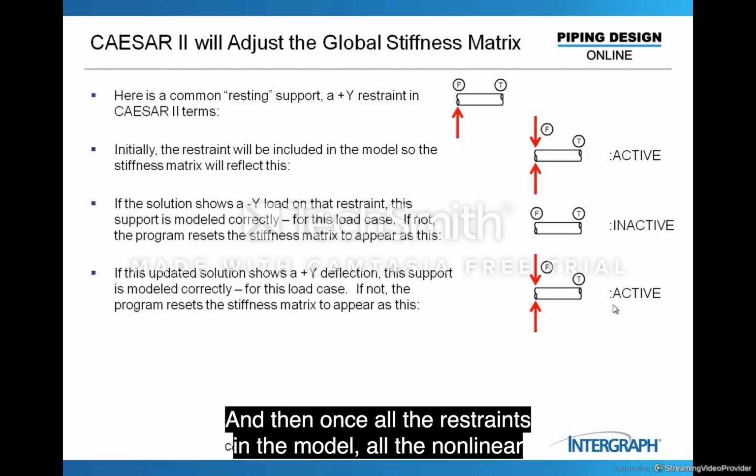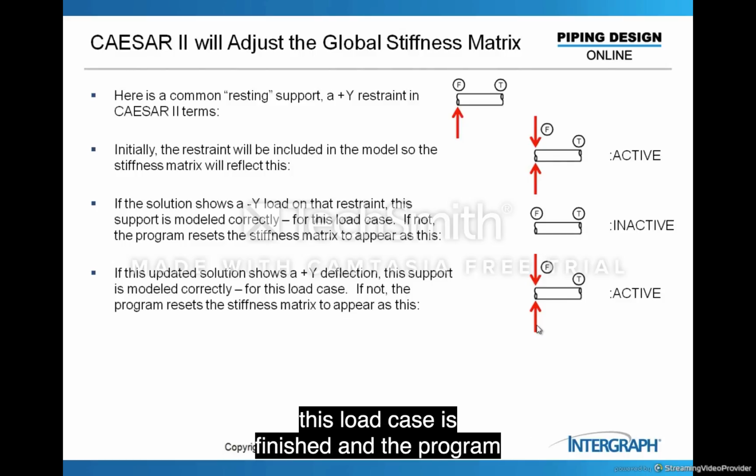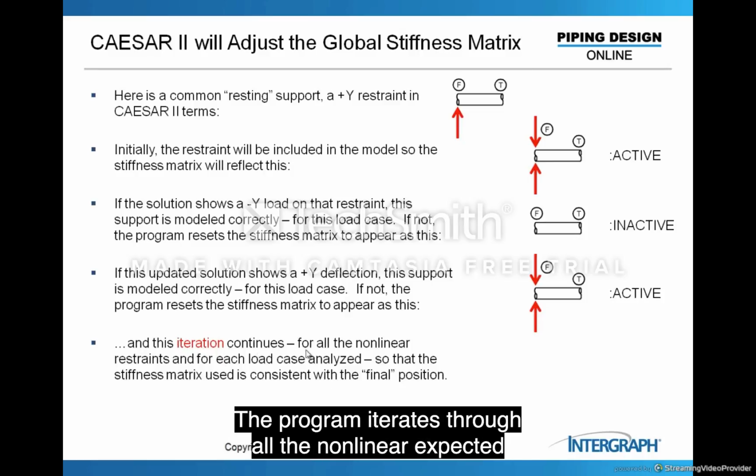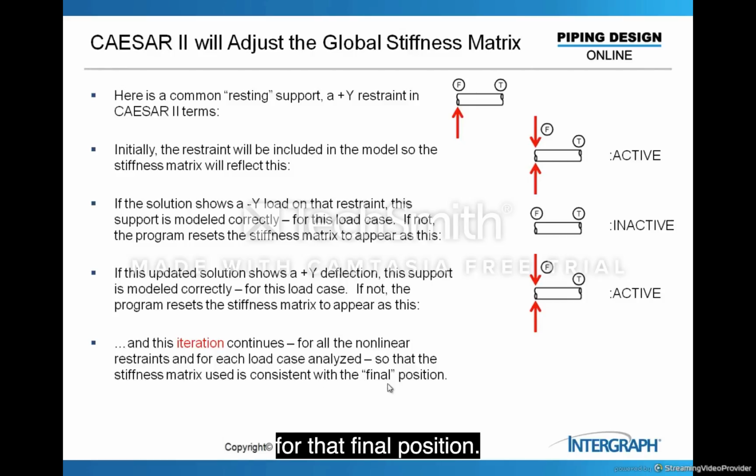And once all the nonlinear restraints in the model behave as they were modeled on the last iteration, this load case is finished and the program can go on to the next load case. So it's an iterative check here. The program iterates through all the nonlinear expected positions until it finds a consistent stiffness matrix for that final position.